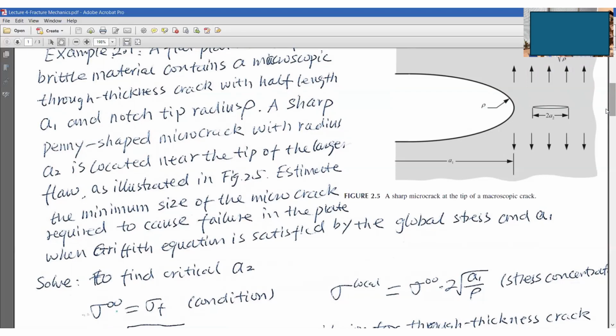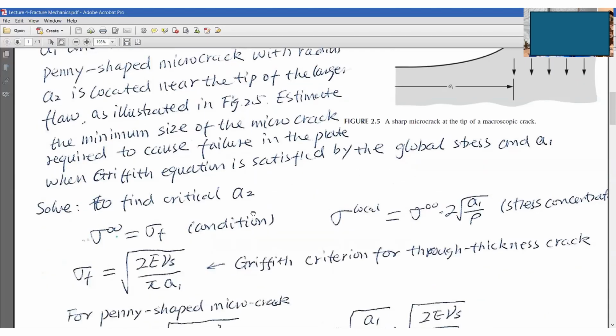We know these three equations, and today we are going to put them together to solve this problem. Let's see how to solve it.